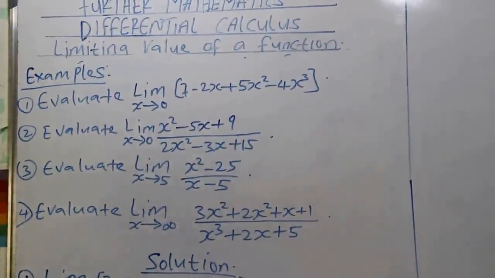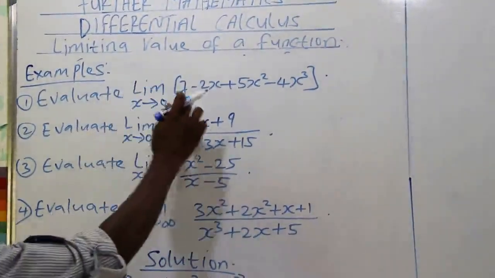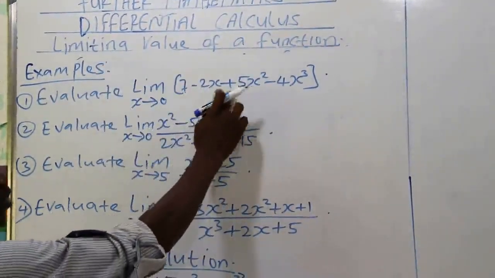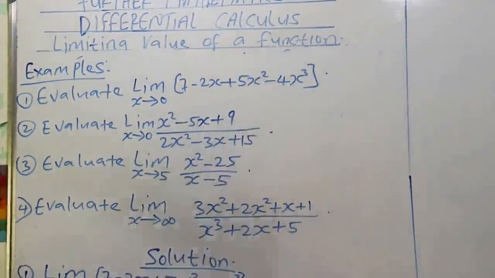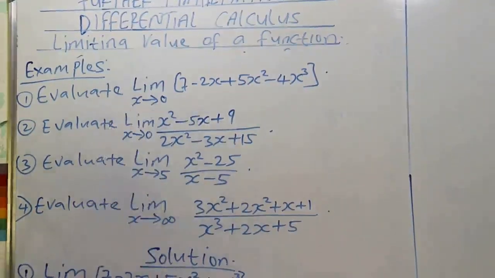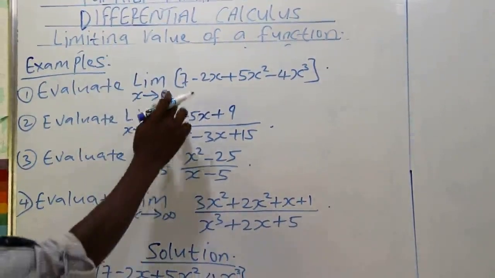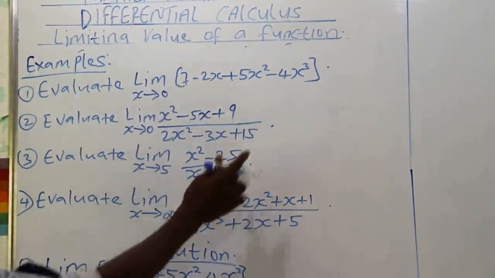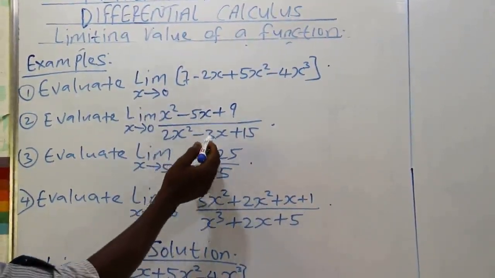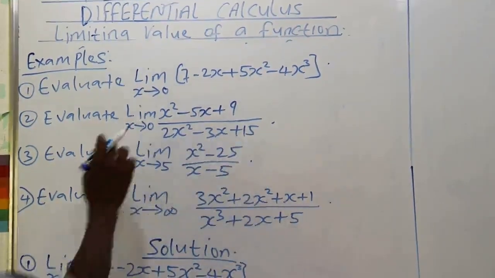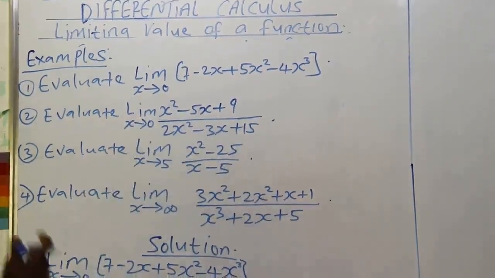Example 1. You are given: evaluate the limit of 7 minus 2x minus 5x squared minus 4x cubed when x tends to 0. Example 2. Evaluate the limit of x squared minus 5x plus 9 divided by 2x squared minus 3x plus 15 when x tends to 0. Example 3.